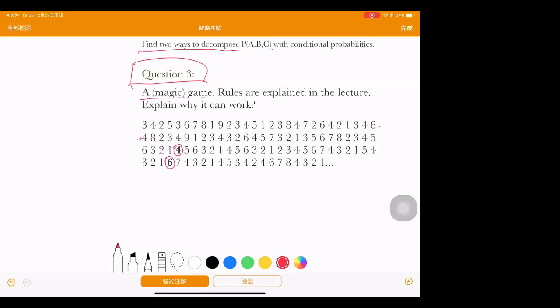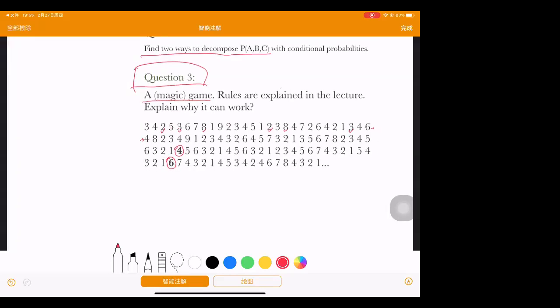What's the rule? The rule is you can start with any number you like, right? Let's say I choose this one. This is number 2. If I see a 2, I will move 2 steps forward. I arrive at a 3, then I move 3 steps forward. 1, 2, 3, 4, 5, 6, 7, 8. I will get this 8. Then 1, 2, 3, and so on.